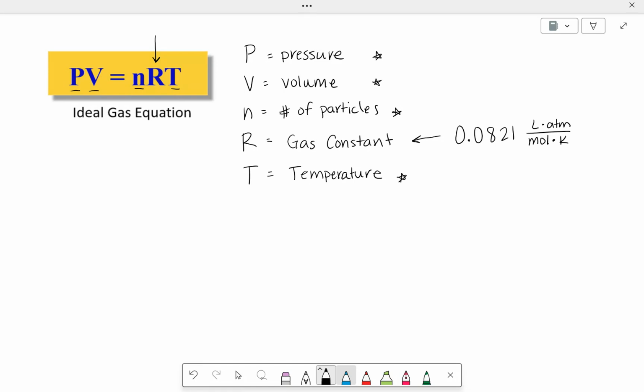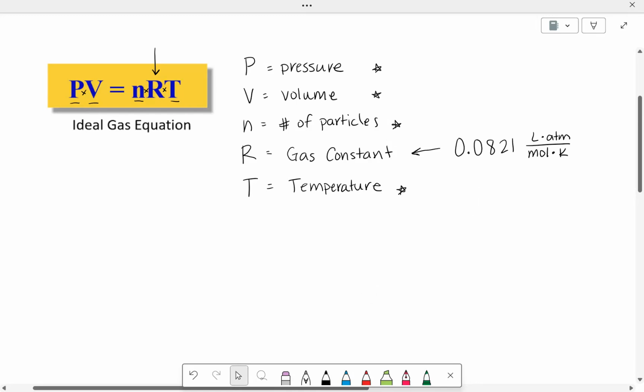That whole thing is the unit for the gas constant. It's a big unit, but basically what we have here is pressure times volume equals number of particles times gas constant times temperature. The main reason for this video is to talk about what the ideal gas equation is, and also to show you how to rearrange it for given variables.